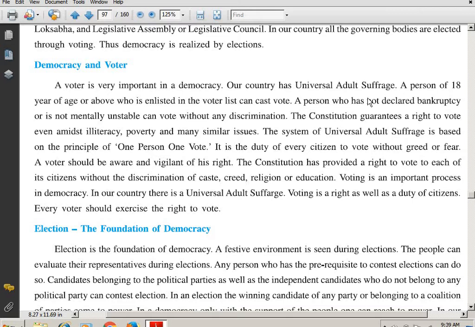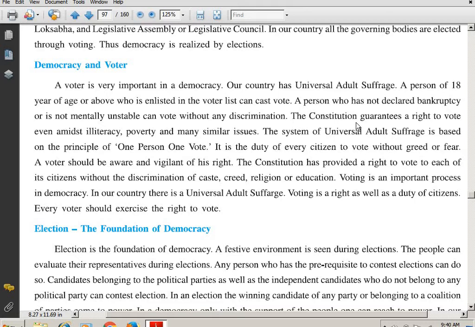A person who has not been declared bankrupt and is not mentally unstable can vote without any discrimination.